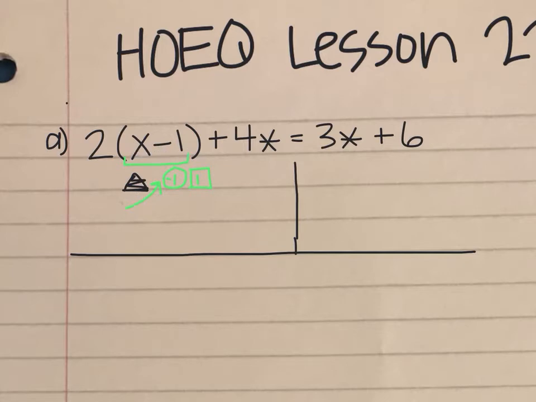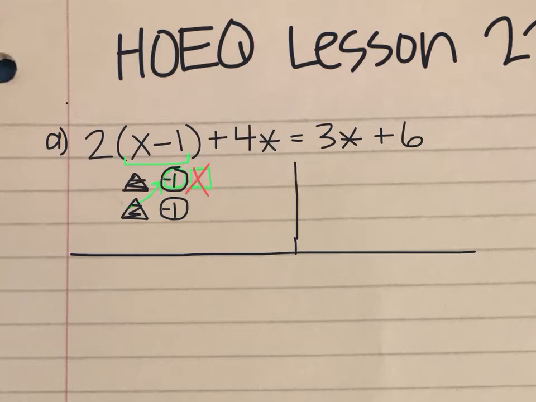Here is x, and I am going to take away 1, which means that what's left over is an x and a negative 1. That is what I'm going to repeat 2 times. So I've got x and a negative 1, and x and a negative 1.